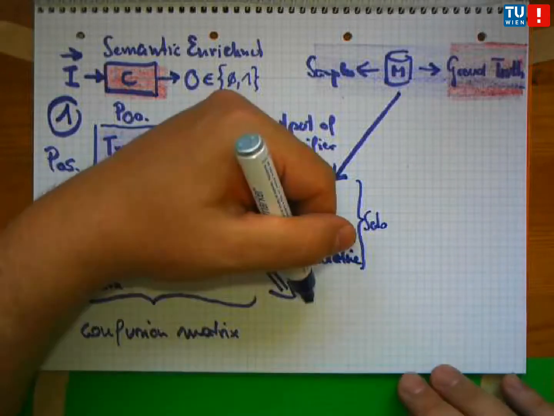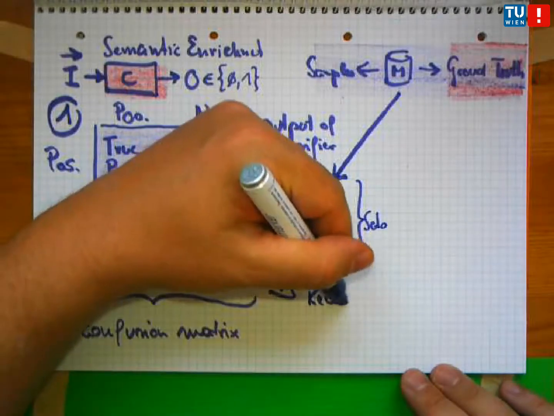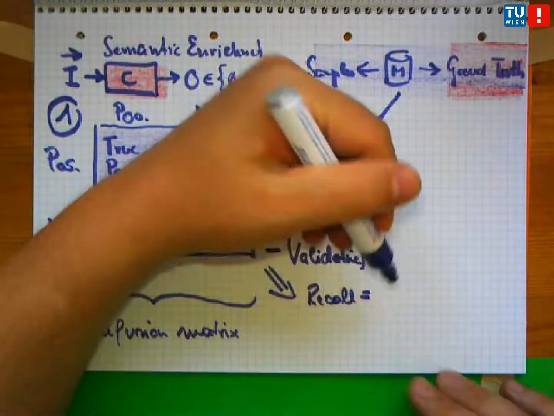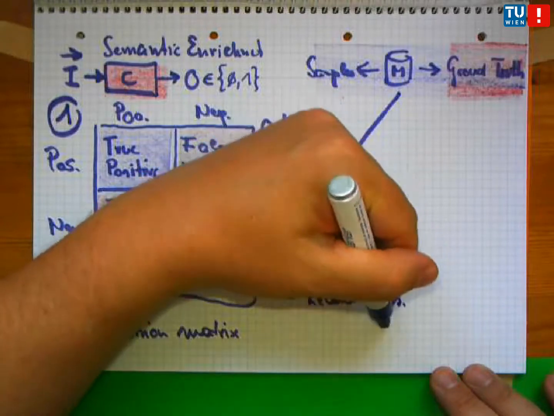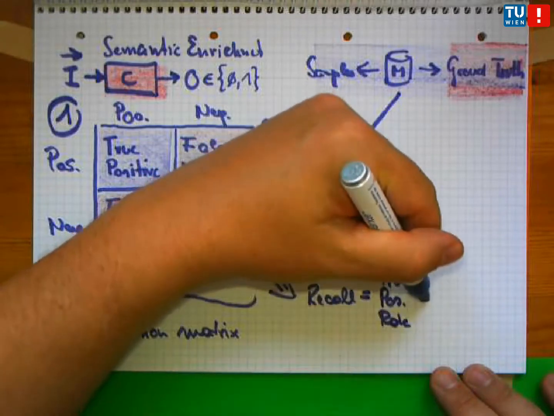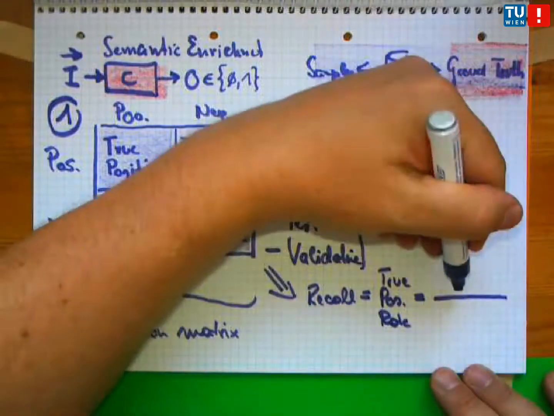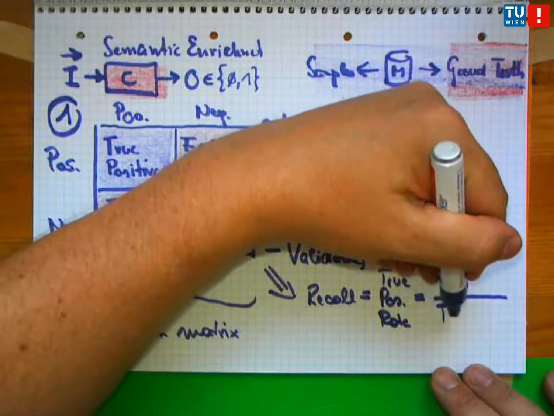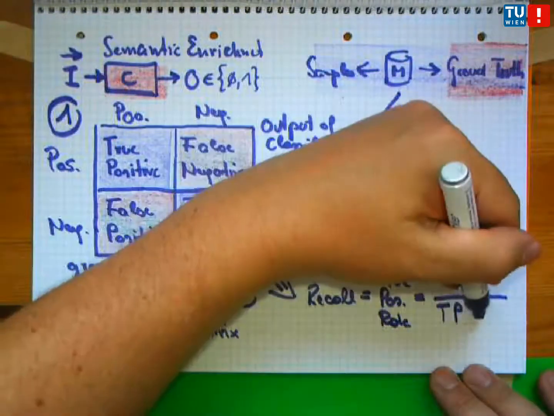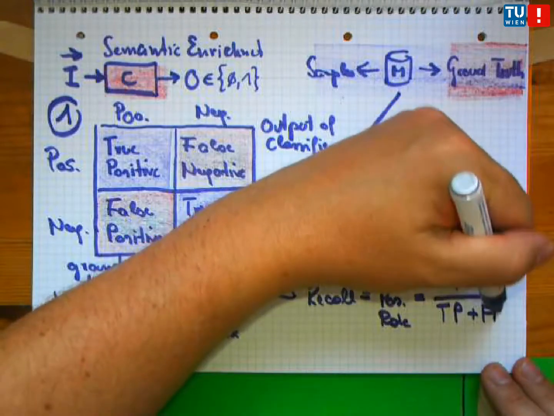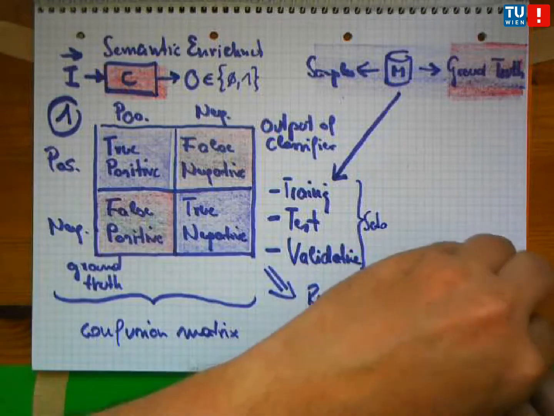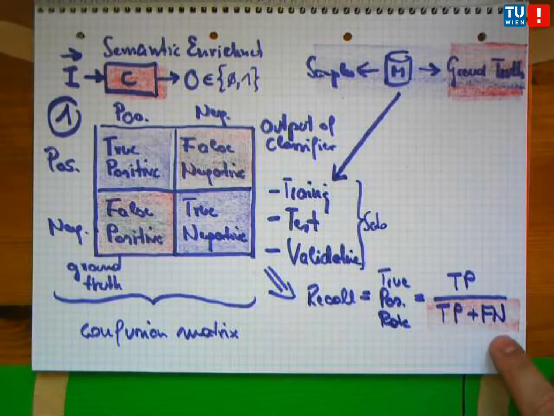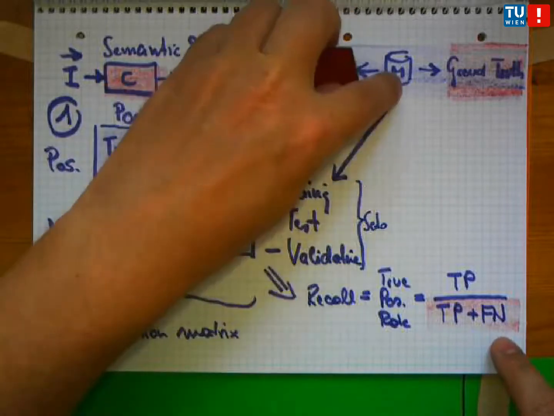The recall is most important. It is the same as the true positives rate, and that is defined as the number of true positives divided by the true positives plus the false negatives. That means we have a number of relevant items in our database.